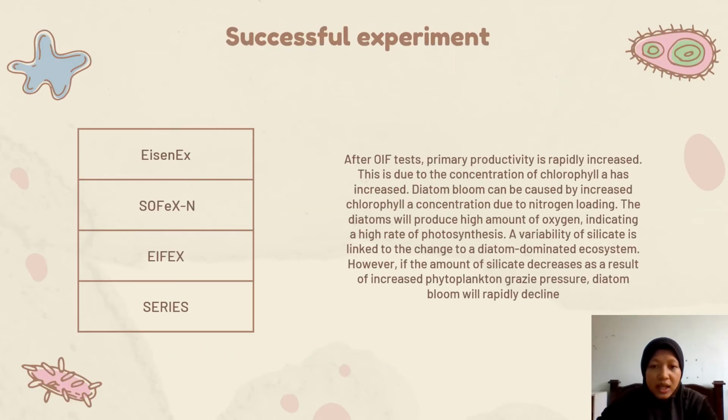Out of 13 artificial OIF experiments that have been conducted, there are 4 experiments recorded to be successful, and they are IronEx, SOFeX-N, AESOPS, and SERIES. These experiments are said to be successful because after iron addition, primary productivity rapidly increased. This is due to the concentration of chlorophyll a having increased.